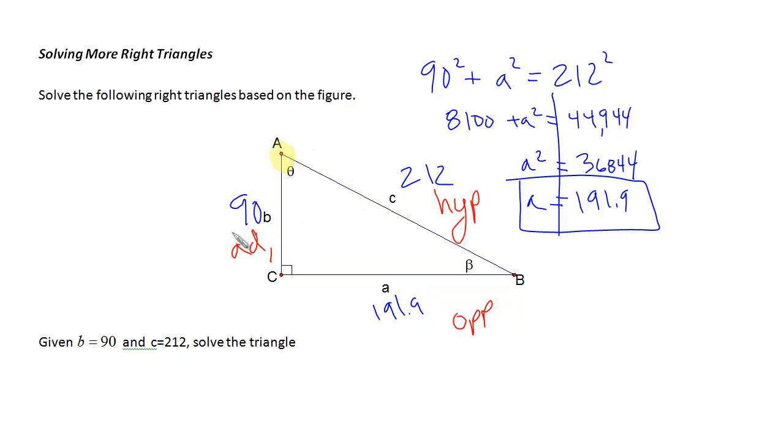So I'm going to use the adjacent and the hypotenuse, so my trig ratio, TOA, adjacent over hypotenuse, is going to be cosine. So I'm going to go ahead and set that up. So the cosine of theta is equal to the adjacent side over the hypotenuse. So in order to solve, I'm going to take the inverse cosine.